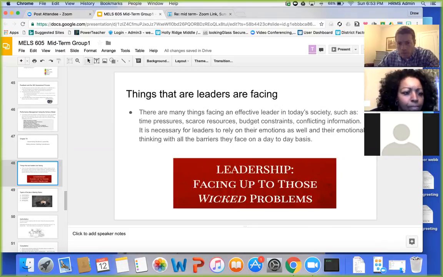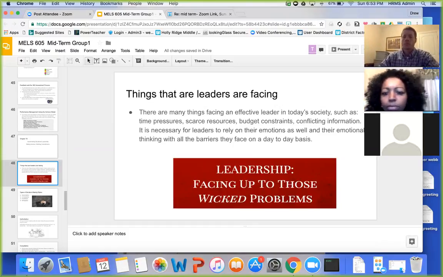There are many things that leaders are going to face as effective leaders in today's society, such as time pressures, scarce resources, there's not enough supplies, budget constraints, conflicting information, and it is necessary for leaders to rely on their emotions as well as their emotional thinking with all the barriers that they face on a day-to-day basis.